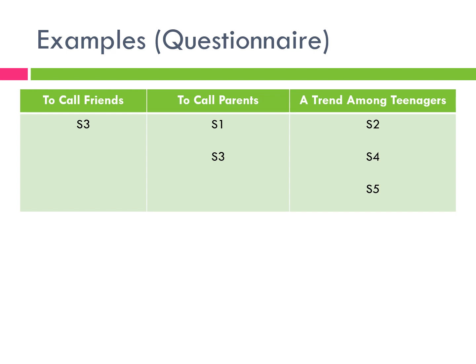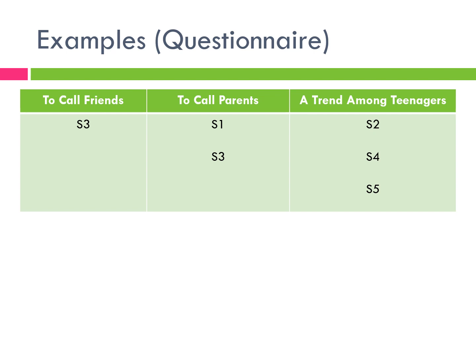Right. So for each category, if you can see in the slide, to call friends, 1 respondent, which is student 3. To call parents, 2 responses from 2 respondents, student 1 and student 3.